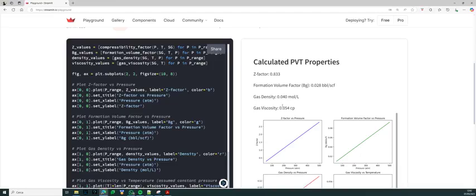And gas viscosity is also an estimation of how the gas is compacted or condensed.